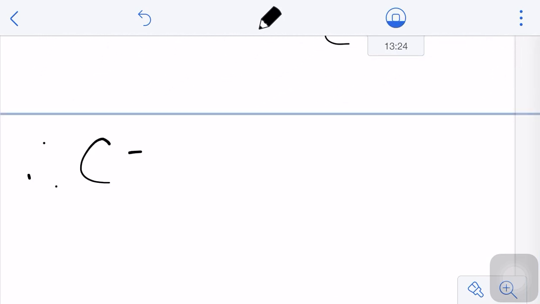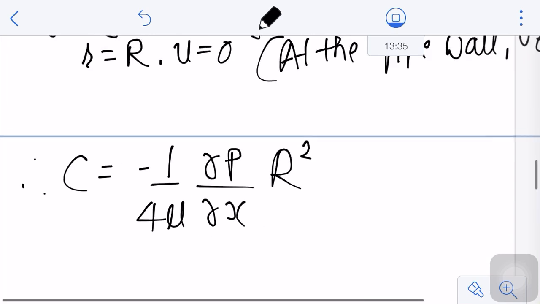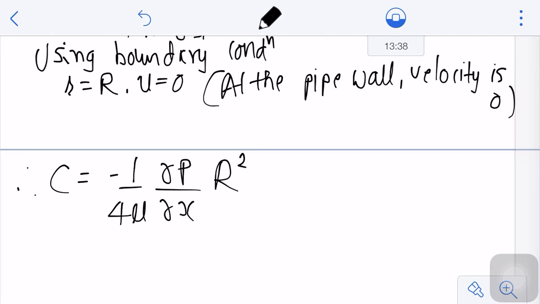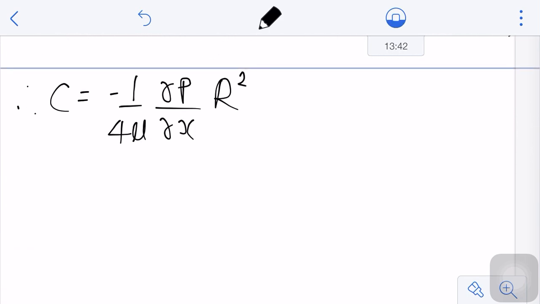Therefore, capital C is equal to minus 1 upon 4 mu into curly p upon curly x into capital R square. Now, we can put this value of the constant of integration C into equation number 3 to have our final form.